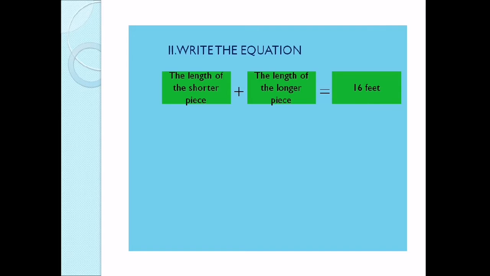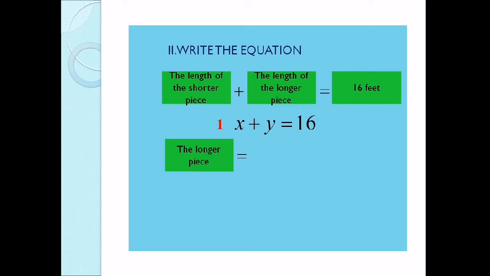So therefore, the equation is x plus y equals 16 because x is your shorter piece and then your y is your longer piece. So that will be our equation 1.